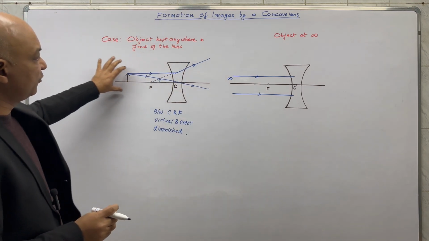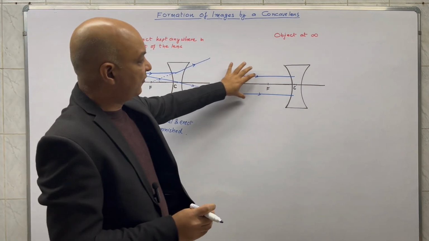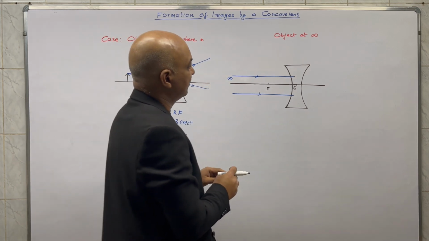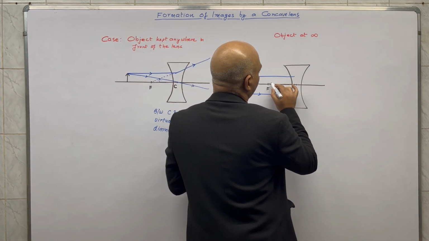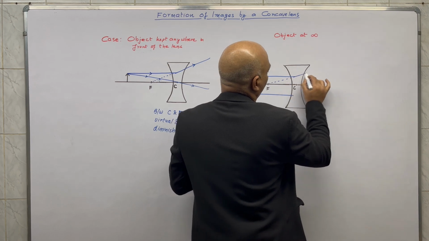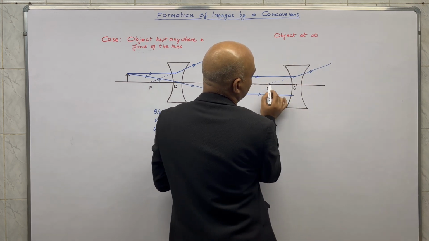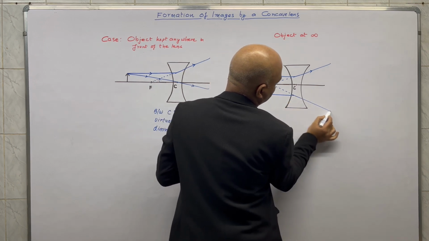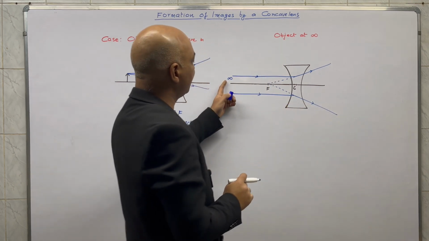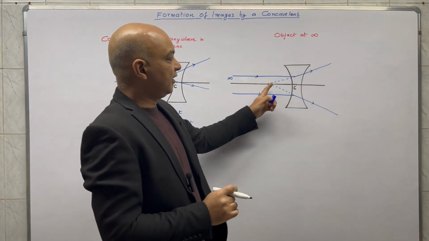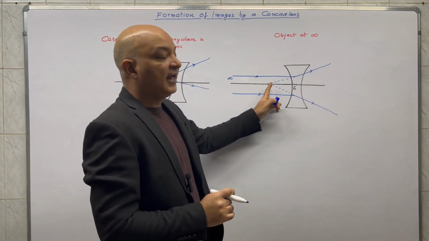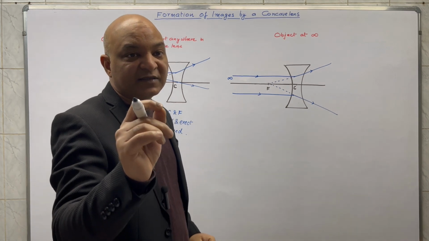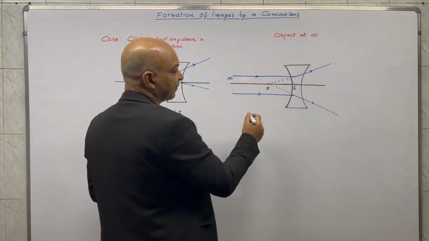So if you keep moving the object farther and farther away, that is, if you move it at infinity, the image will become smaller and smaller in size, so much that at some point in infinity, the image is going to be formed exactly at focus and will be point size, highly diminished.